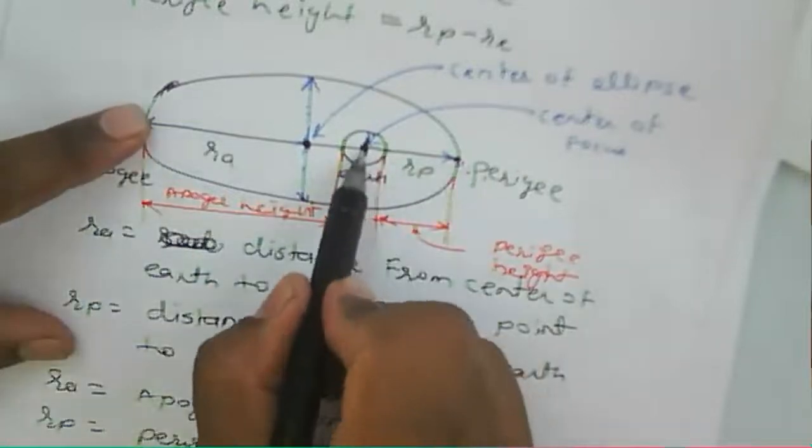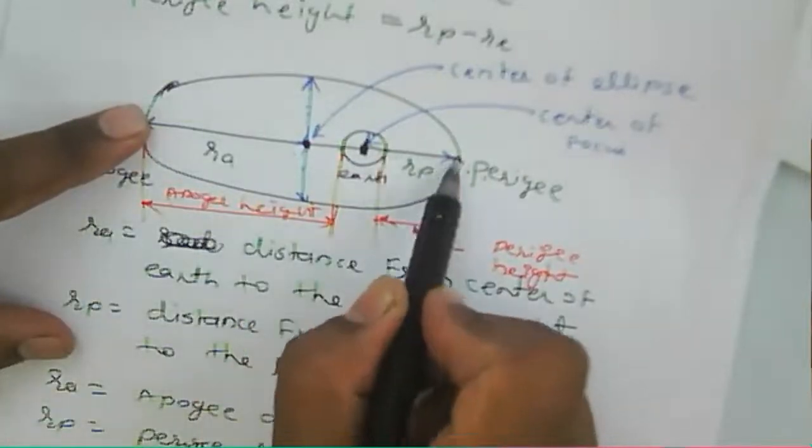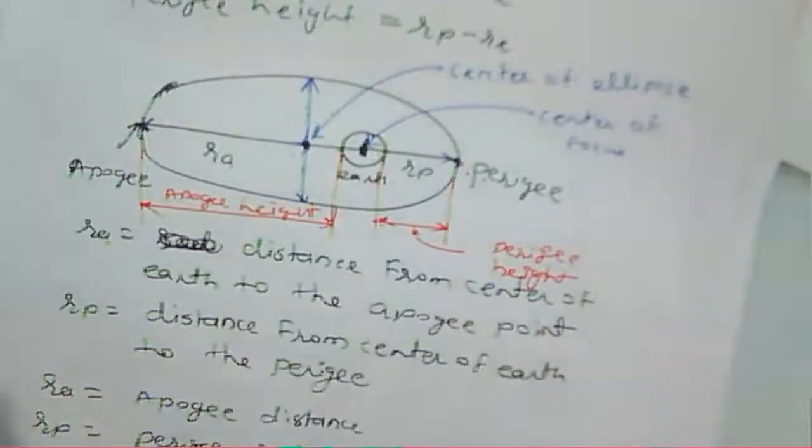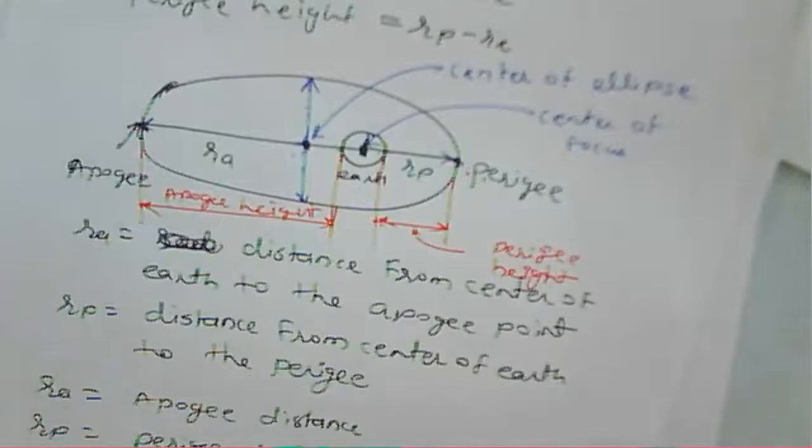And from the center of the earth to the perigee point, that is the perigee distance. Apogee distance and perigee distance, both distances are from the center of the earth.